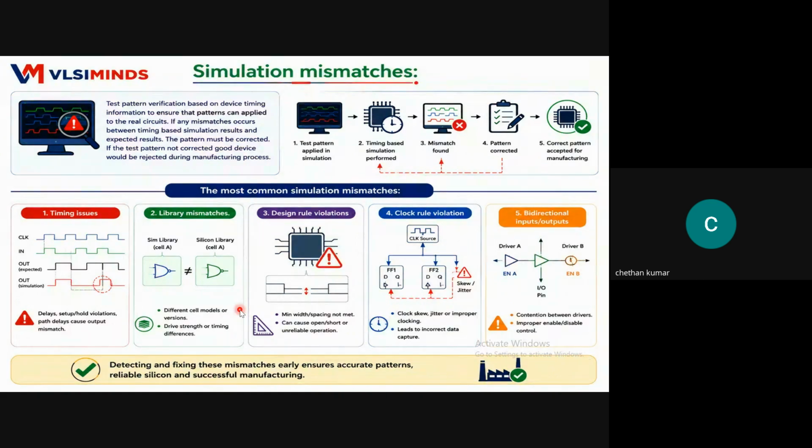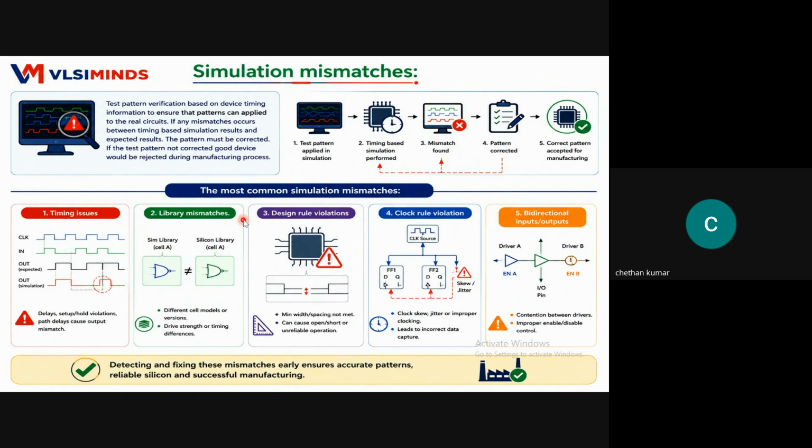So when we miss reading the proper libraries, that comes under this category. These are generally the mismatches you may get during the simulation. That is what I am telling, but it varies case to case. And in real time, whatever issues come, we need to solve them. Another case is design rule violations.